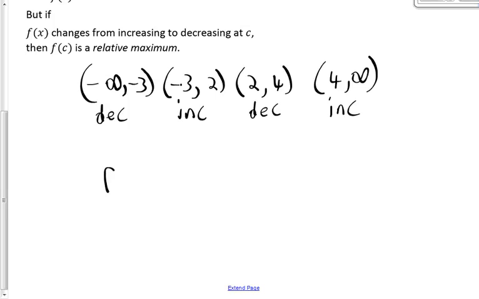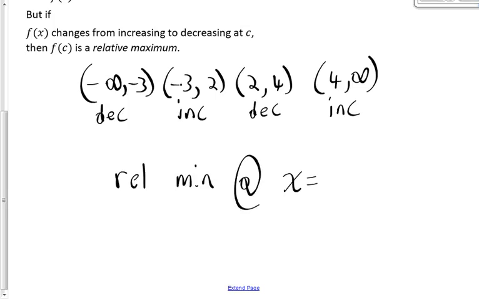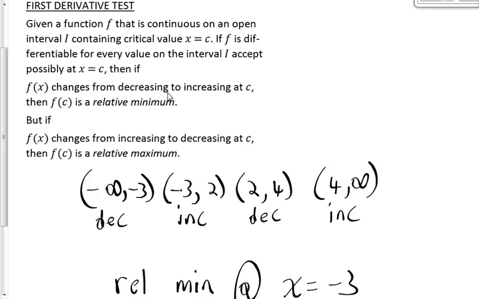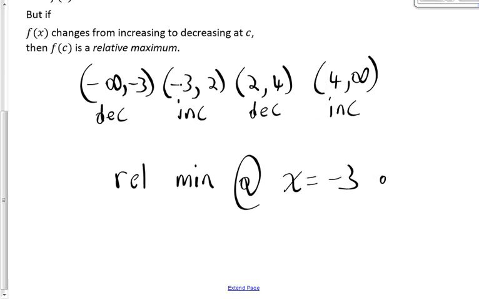So f has a relative minimum at x equals -3. Also, if you take a look, it's decreasing to increasing at 4 also. So it's also a relative minimum at x equals 4.